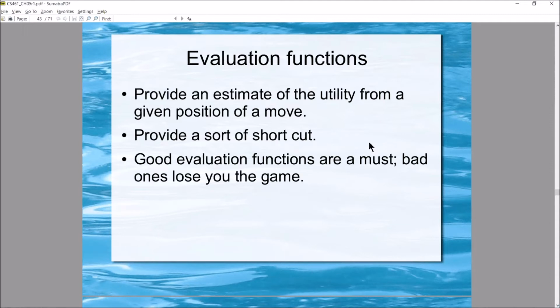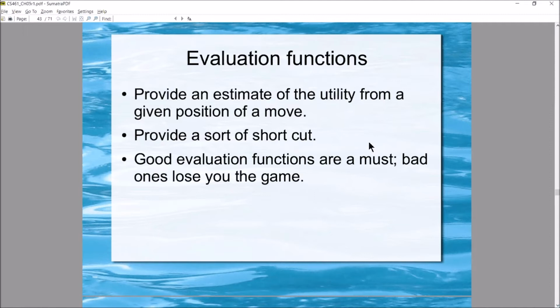If max is the X player and you cut off the search at a state that has 2 in a row for X, that's going to be better than a state where, when you cut off the search, there was 2 in a row for O. So the former is definitely more valuable than the latter.